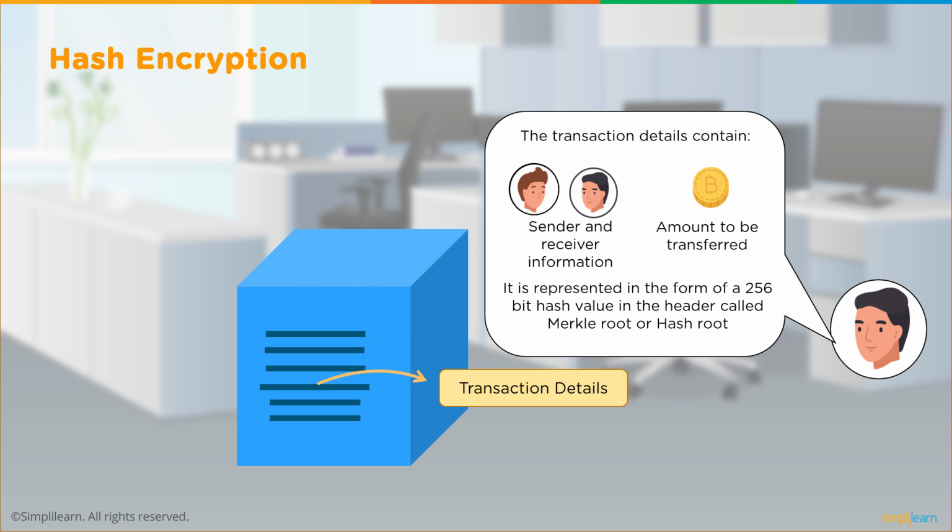Now, it is represented in the form of a 256-bit hash value in the header called the Merkle root or the hash root. Basically, the Merkle root is the hash of all the transactions structured in a Merkle tree, which is a kind of binary tree, and the hash value of the root node of the Merkle tree is called the Merkle root hash.